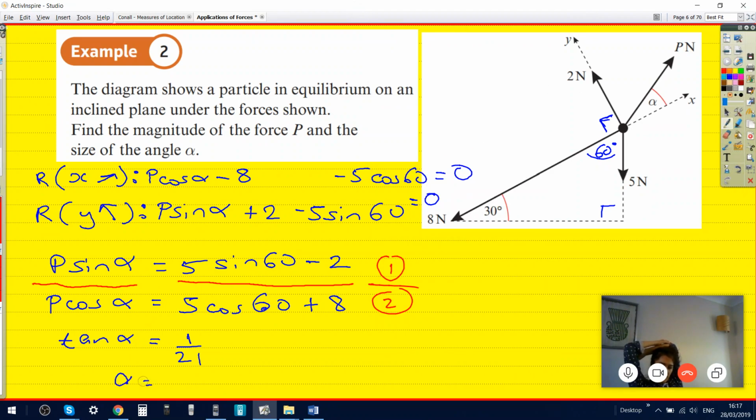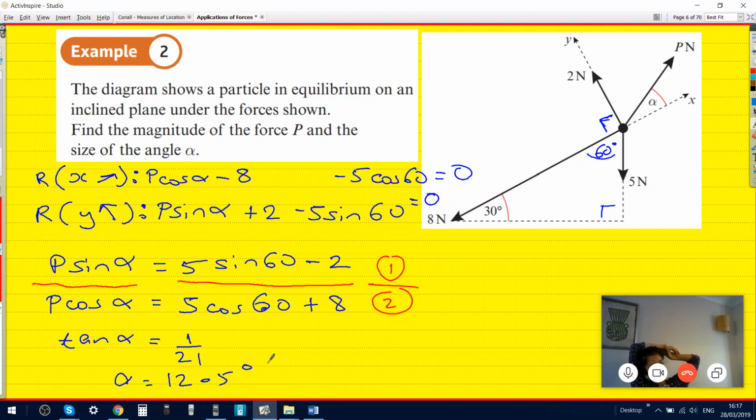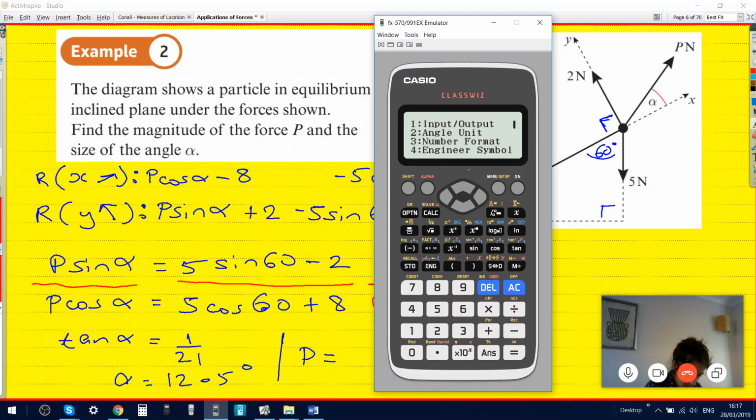What's next? Then you put that into the equation and then rearrange it to find P. So what's P then? That's 5 times 60 divided by sine 12. That doesn't look right.